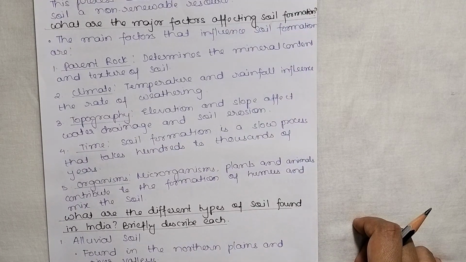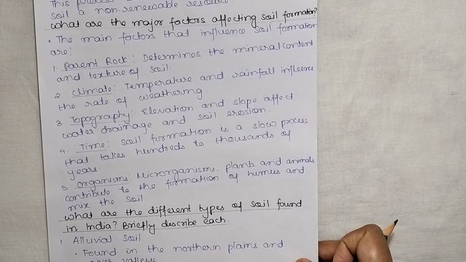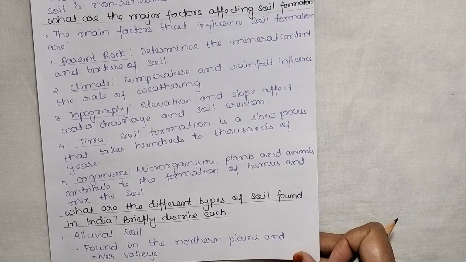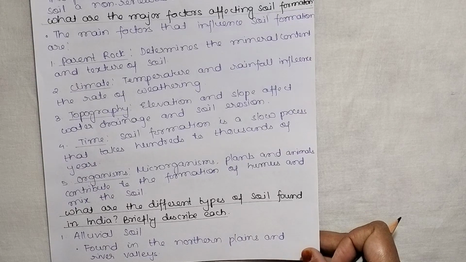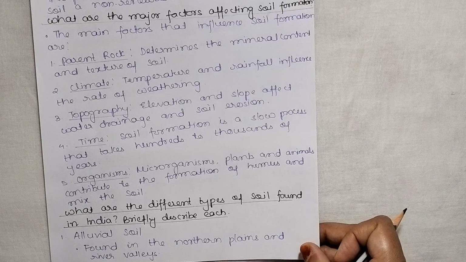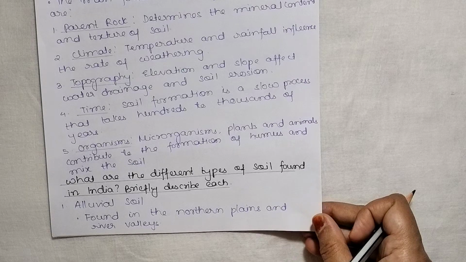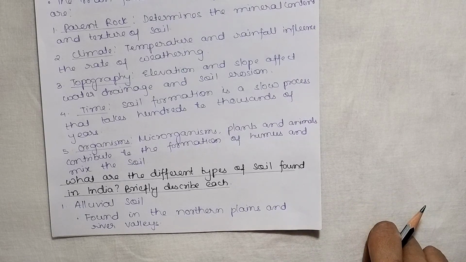Temperature and rainfall influence the rate of weathering also, and in this way may affect the soil formation. Topography, that is the elevation and slope, affects water drainage and soil erosion, and so also affects the formation of soil. And time. Soil formation is a slow process that takes hundreds to thousands of years. Organisms, microorganisms, plants and animals contribute to the formation of humus and mix the soil.